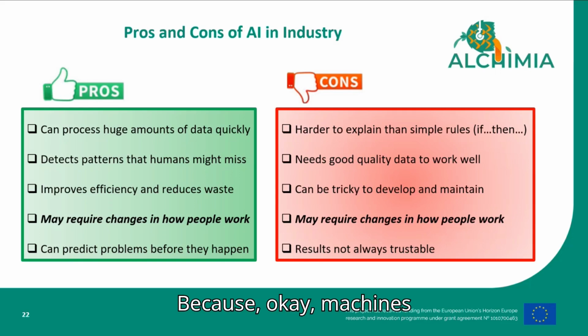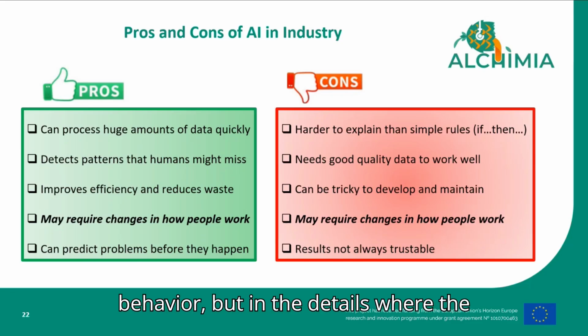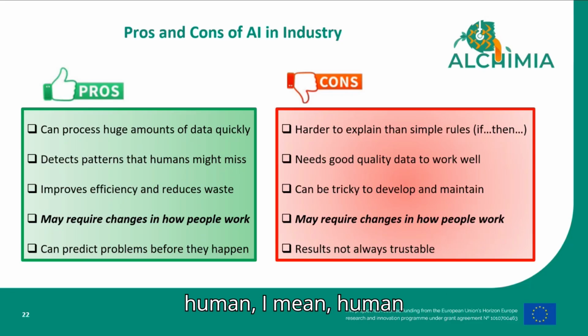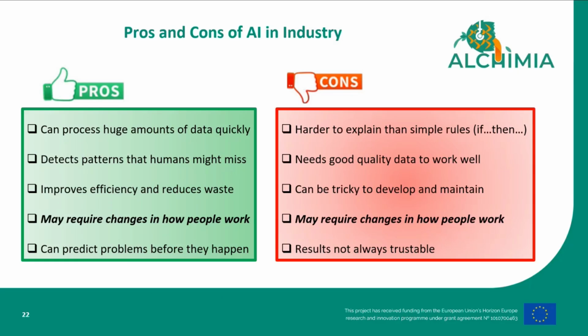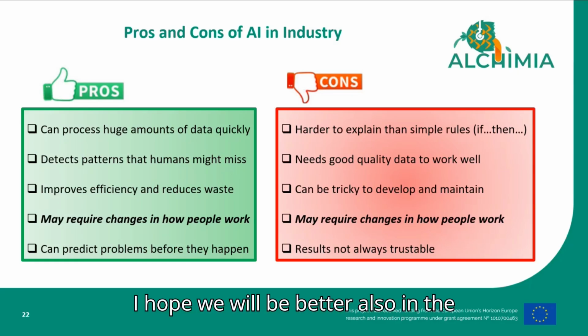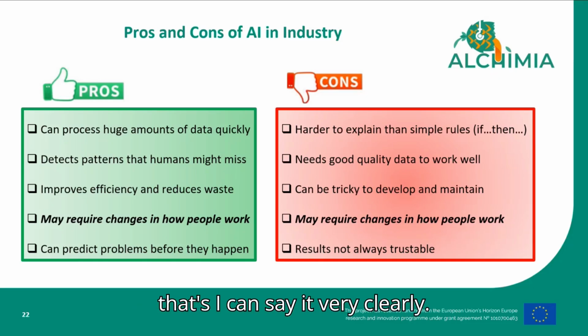Because machines can understand some specific behavior, but in the details, human beings are better and will be better. I hope we will be better also in the future, but as a scientist, for now, I can say it very clearly: we will not be replaced by machines, fortunately.